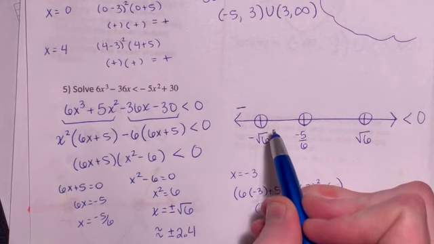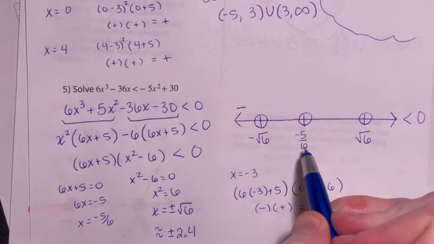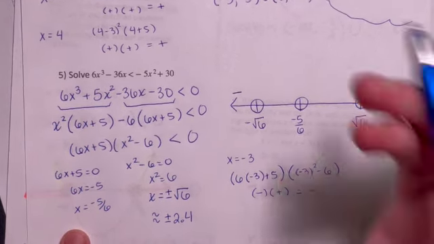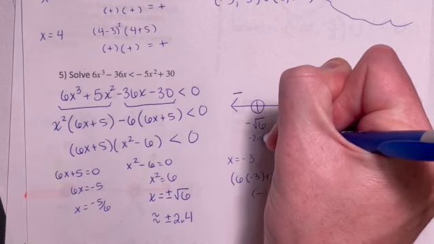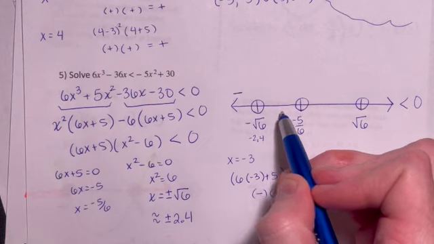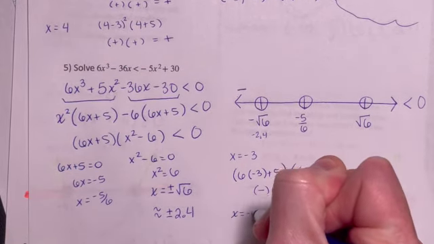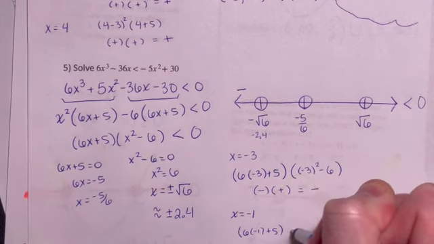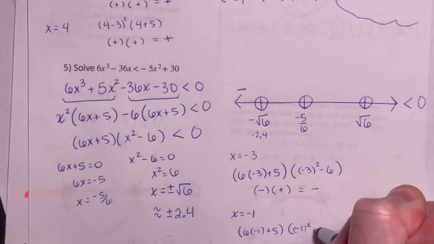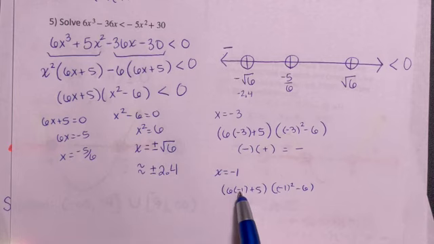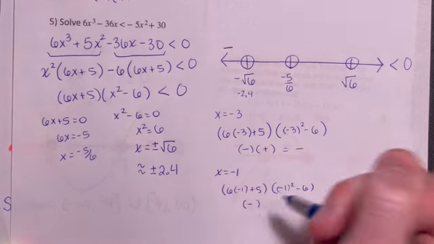And then we test out something between negative square root of 6 and negative 5/6. So if that's roughly negative 2.4, that means I could try something like negative 1. 6 times negative 1 plus 5, and negative 1 squared minus 6. Negative 1 times 6 is going to be negative 6, but negative 6 plus 5 is still negative.